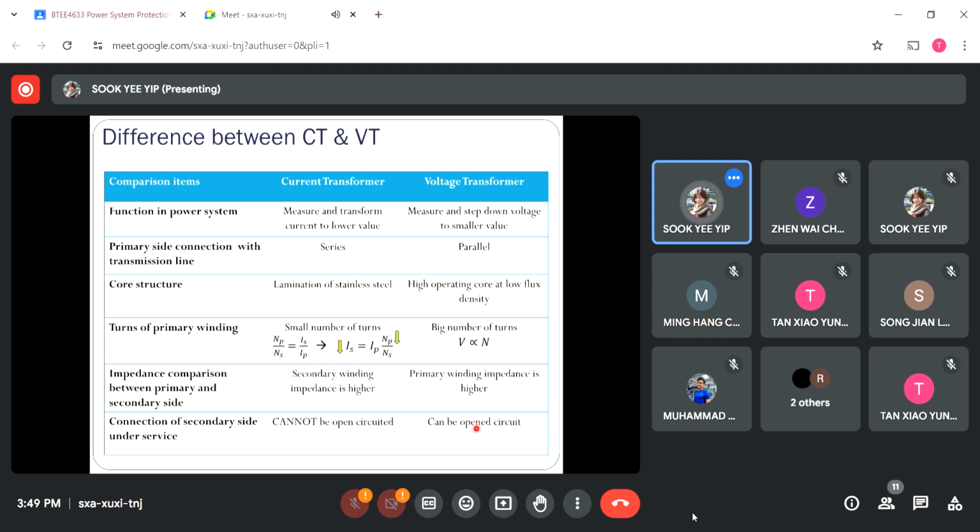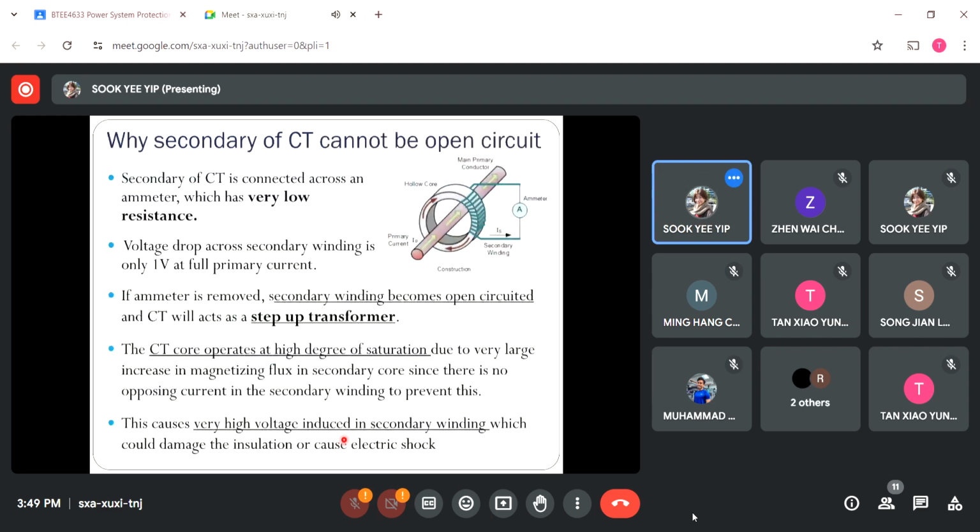But for voltage, no issue. You can have it open circuit even though you use it for voltage measurements. So what is the reason that we can't have the current transformer's secondary side become open circuit? You can find the answer in the next slide here. All right, why can the secondary side of a current transformer not be left open circuit?